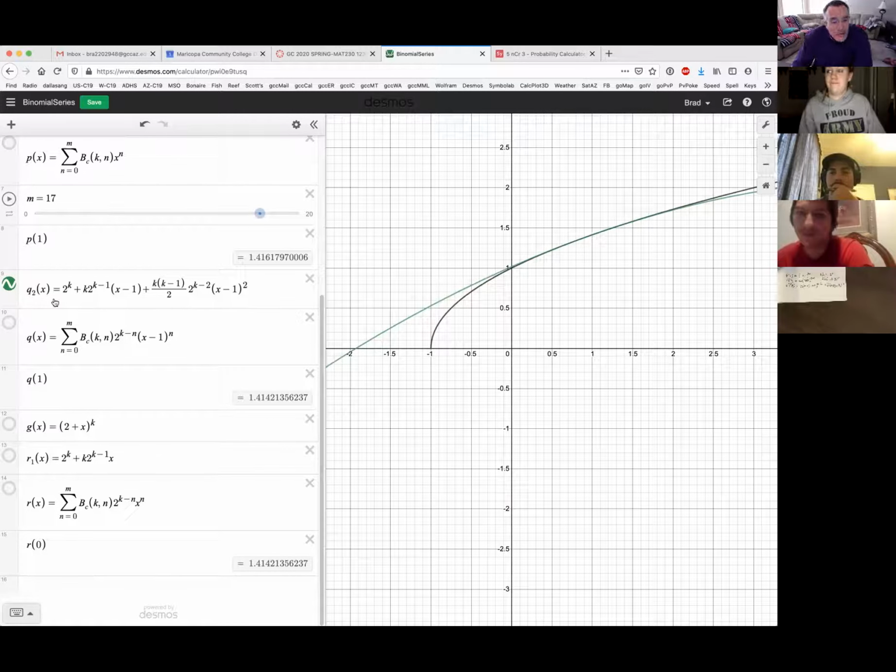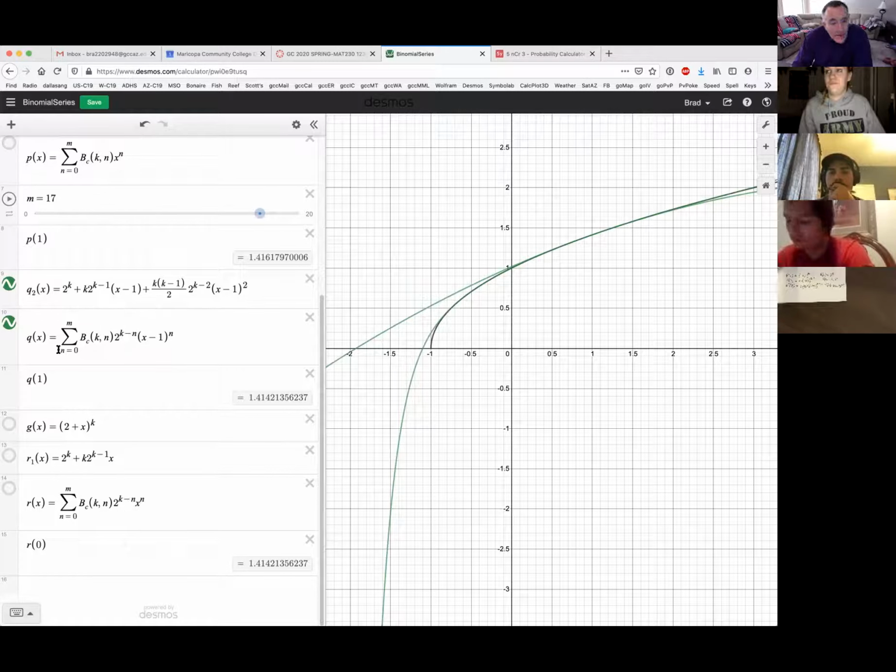Okay, so if this is our second degree one, then what would you do? Third derivative, fourth derivative, fifth derivative, sixth derivative. I went ahead and just wrote that in summation notation. It looks exactly the same as our p polynomial. It's got the binomial coefficient. It's got the powers. It's got the function raised to the nth power, but it's got these extra factors of 2 to the k minus n powers.